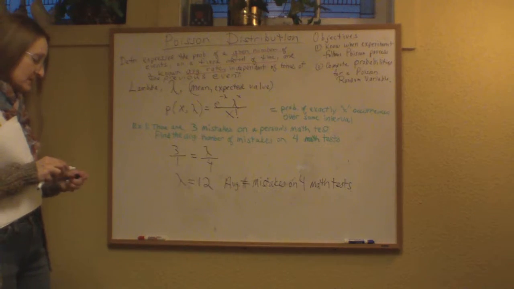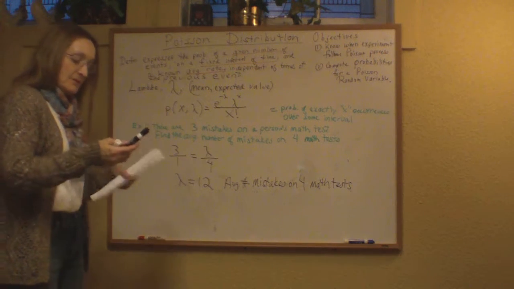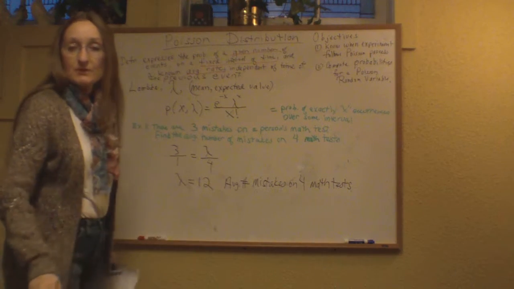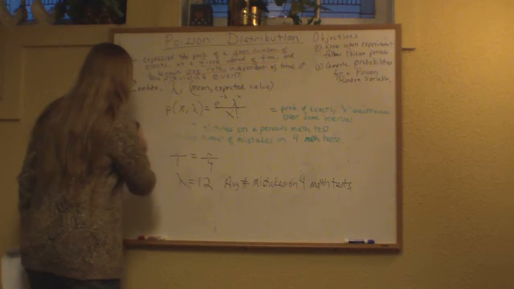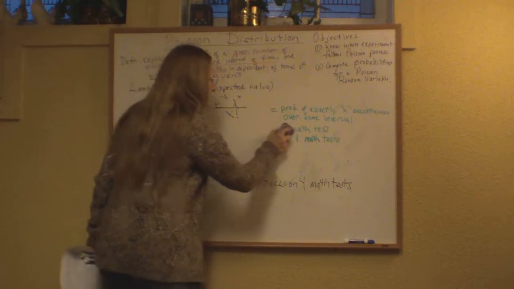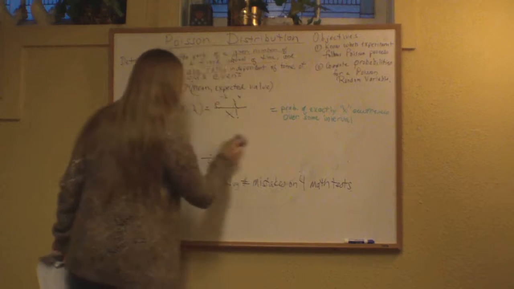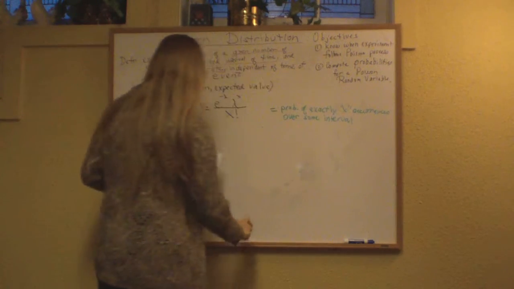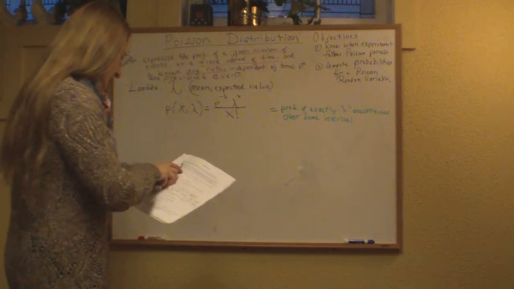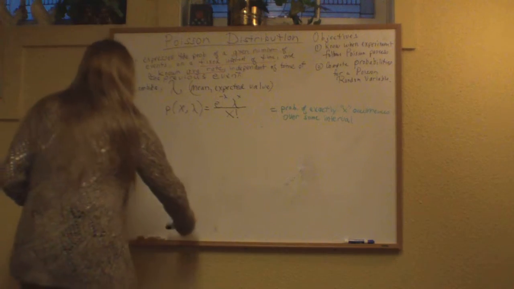So this is a simple example. There are others that involve a little bit more work, so I'll show you that. So let's look at this scenario, the email question.